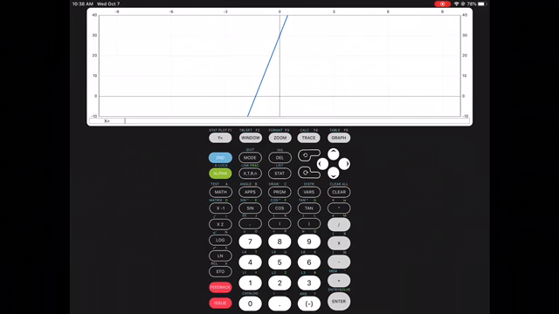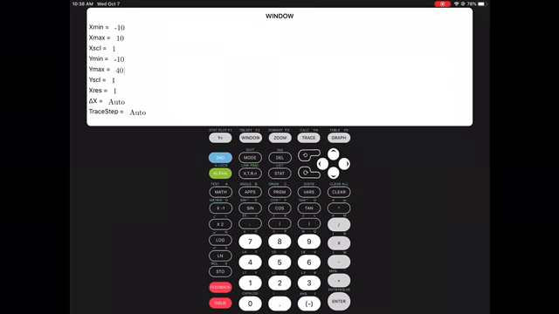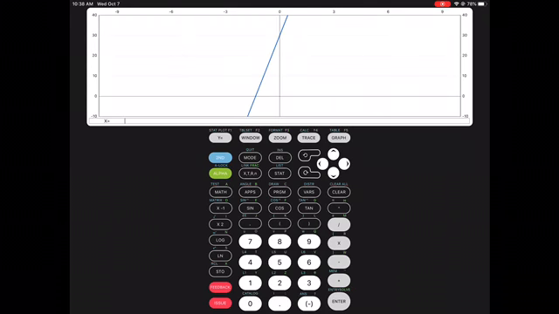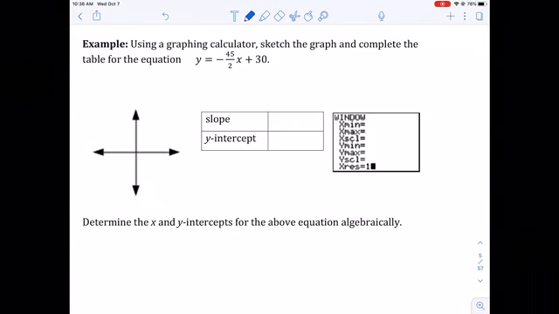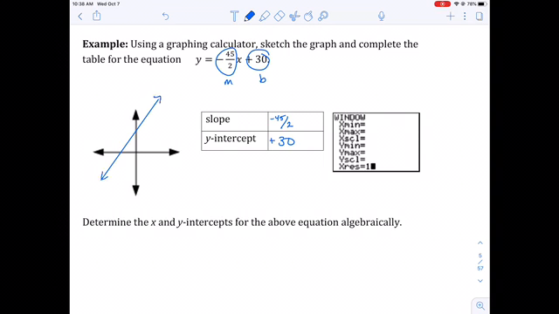So I changed my window settings slightly. The standard window is from -10 to 10 on the x and -10 to 10 on the y. So we will practice that a little bit more going forward, and hopefully you have a graphing calculator at home. So here our slope was -45 over 2, because of course that's in y equals mx plus b, and our y-intercept here was 30. And there was our equation, and here's our y-intercept of 30 right here.